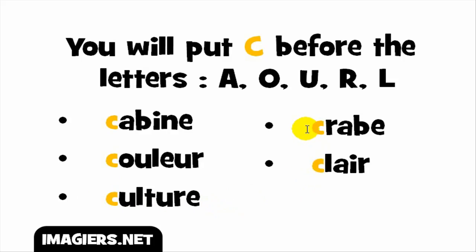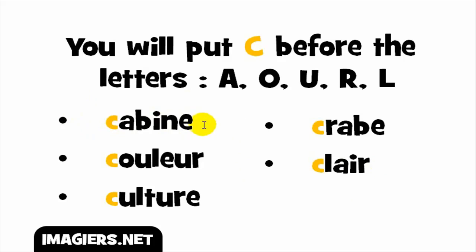Now if we combine it with R, so C plus R gives you cr, cr, okay? So now you will get the sound crabe, crabe, okay? C-R-A, cra, crabe, all right? And the last example, C, L will give you cl, cl, okay? Clair, clair.